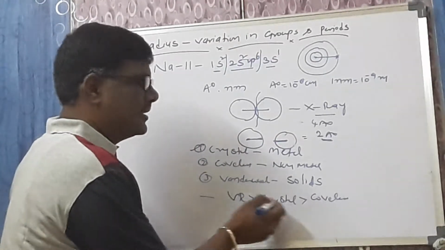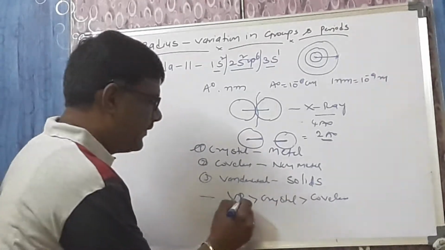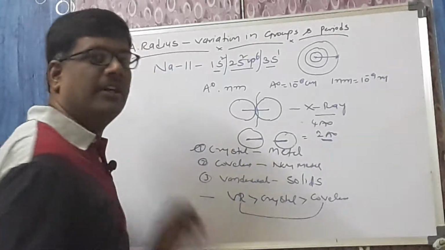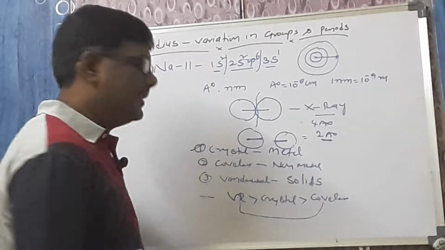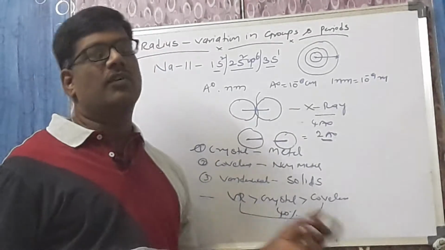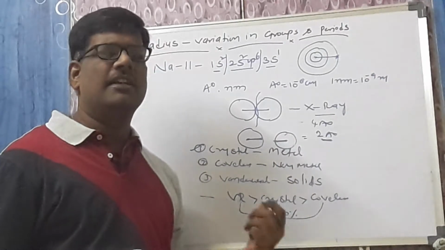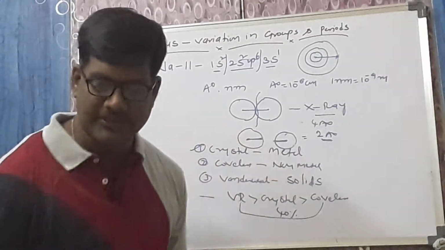Van der Waals radius is greater than crystal radius is greater than covalent radius. If you compare the van der Waals radius and the covalent radius, van der Waals radius is nearly 40% higher than the covalent radius, nearly 2 to 3 times as given in your examination.